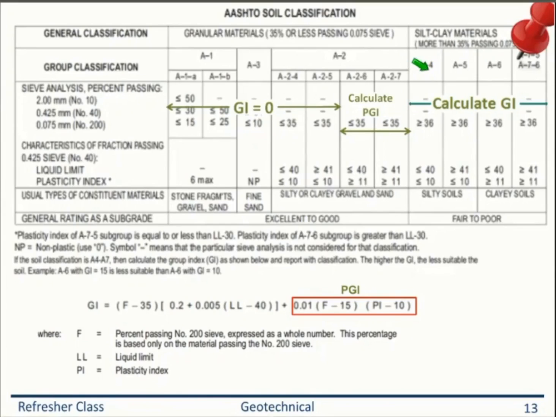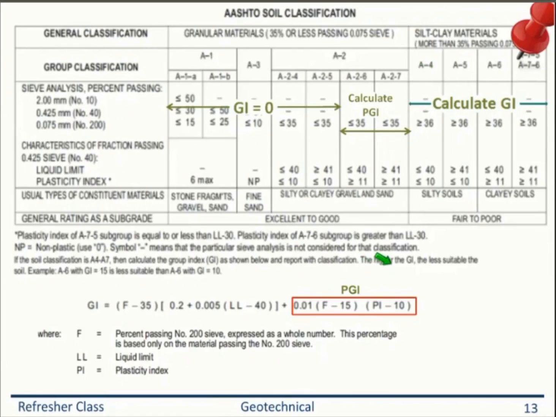Then you don't know which one you should recommend as an engineer to be used as subgrade material. Both were classified as A-4, but one sample gives you a lesser GI value compared to the other. Then you will recommend the soil with the lesser GI value. The lower the GI value, the better the soil for the subgrade material. Keep that in mind.